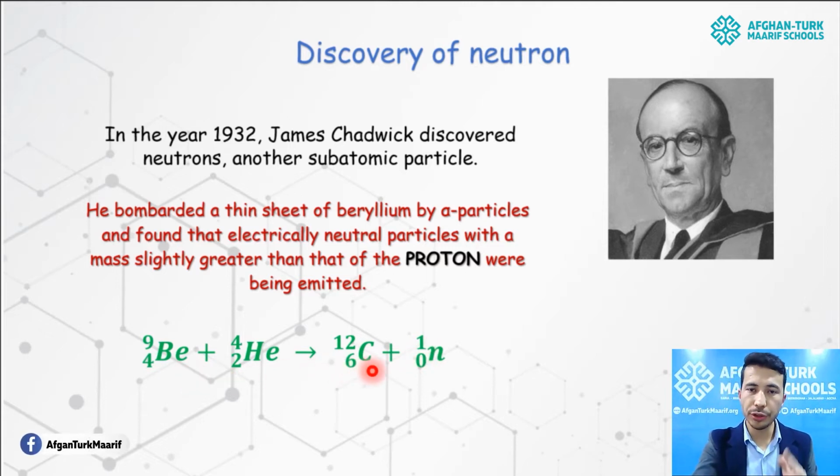This reaction is actually a nuclear reaction. It is not a chemical reaction, it's a kind of nuclear reaction. When the nucleus of helium reacted with the nucleus of beryllium, carbon-12 came into being, and one neutrally charged particle which had a mass equal to a proton was emitted.